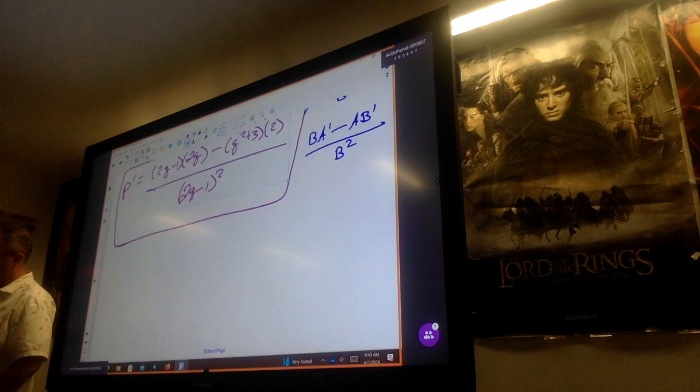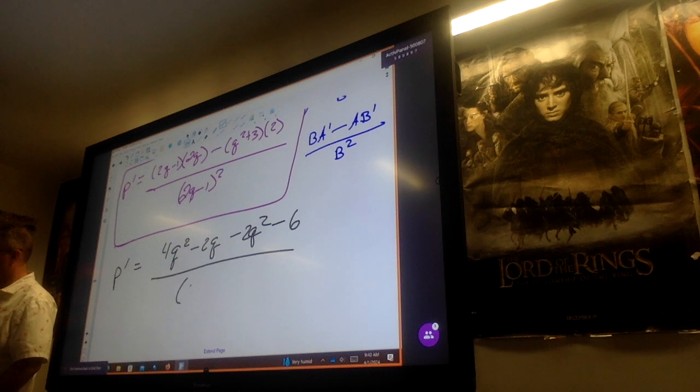Oh, let's clean it up a little bit. So cleaned up derivative is going to be 4q, oh, that's not a q, 4q squared minus 2q minus 2q squared minus 6 all over, no reason to clean the bottom up.